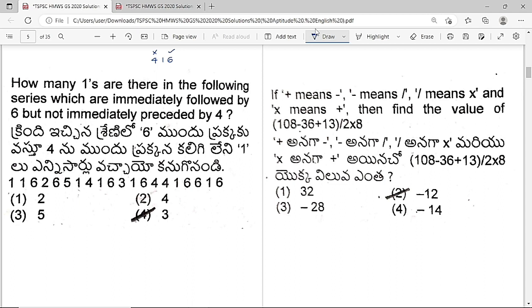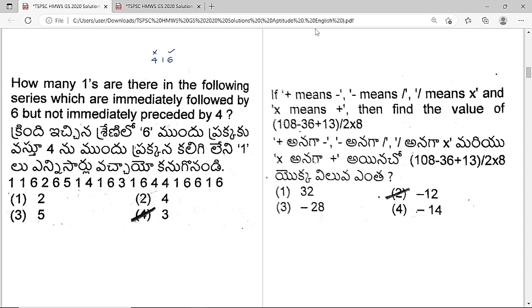So this is the number of ones we need to figure out. They have given 4 options, and option D, 3, is the correct solution of this question. In this series, we have to find how many ones are immediately followed by 6 but not immediately preceded by 4.